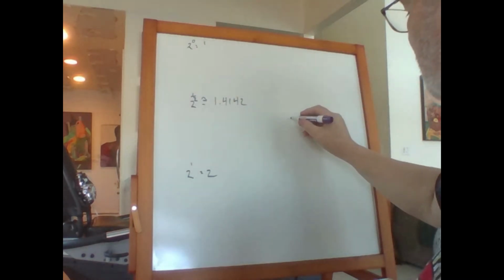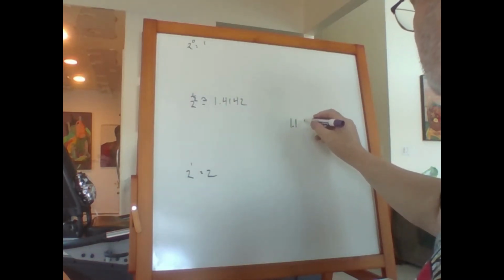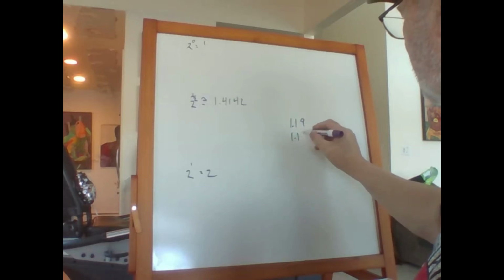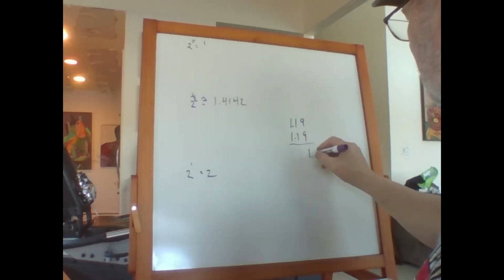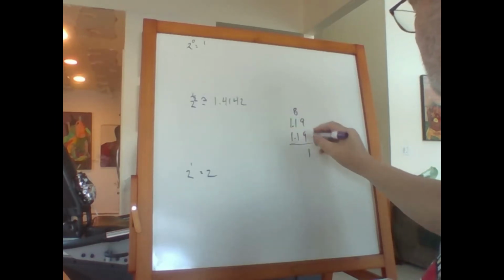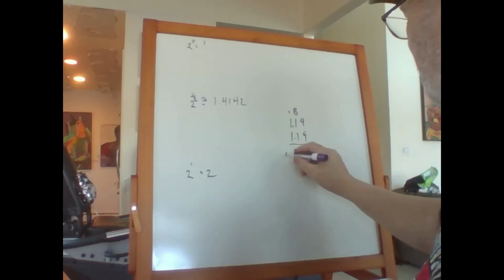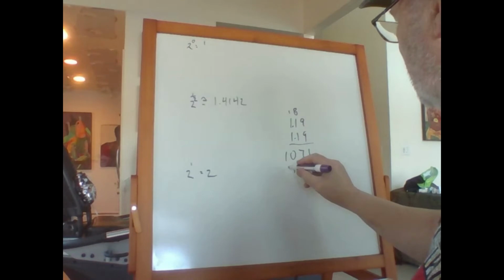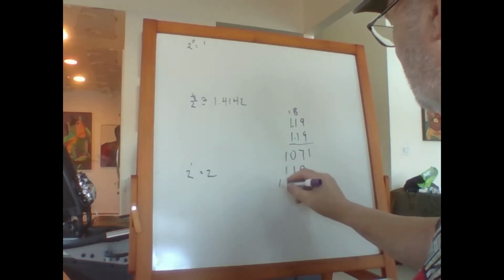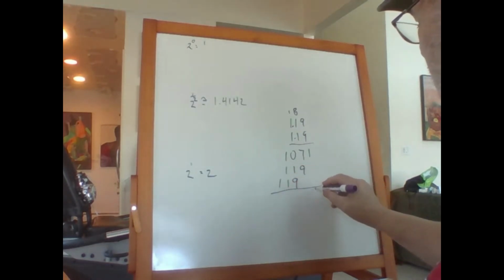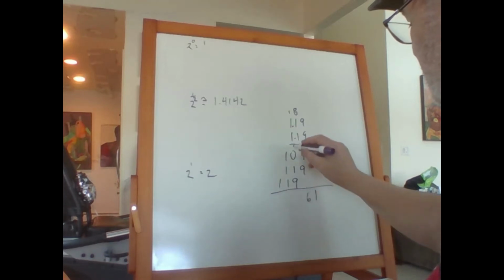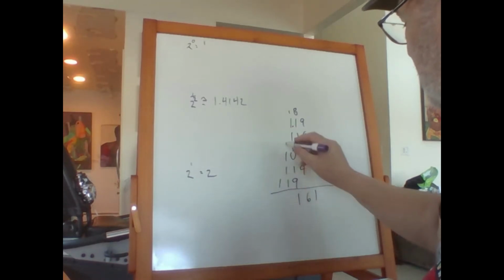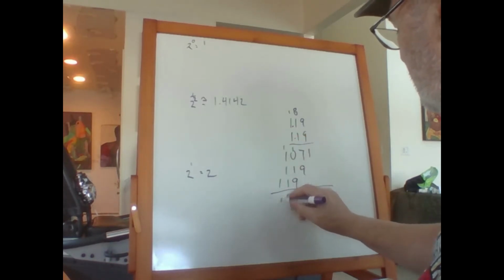So let's go 1.19. 1.19 squared is 1.4161.